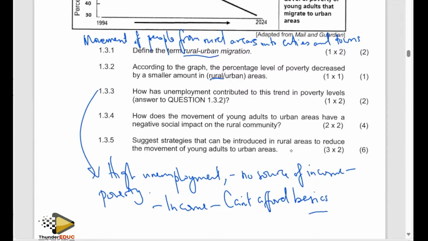It wants social impacts. When a question is asking about social impacts, it's asking about how society is affected, the way of life of people. How is it affected negatively when the young adults are moving to urban areas? People remaining in the rural areas, how are they impacted?